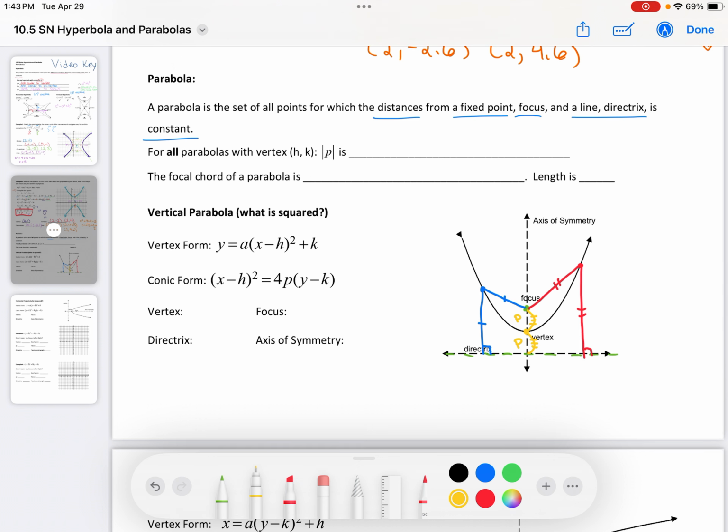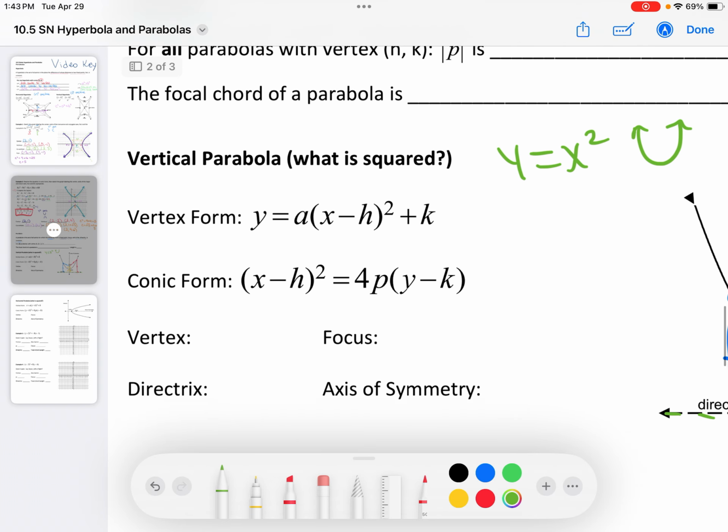So a vertical parabola has x squared. Like y equals x squared is that vertical parabola that you're used to. So vertex form is here. That's a form you're used to very much. There's also a conic form.